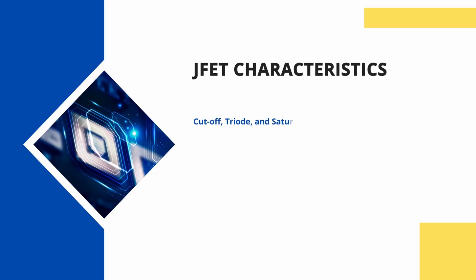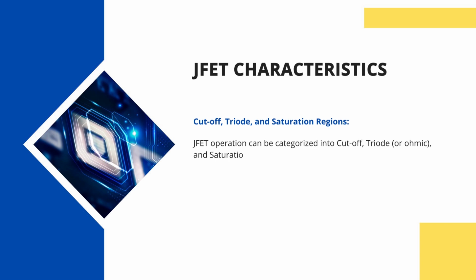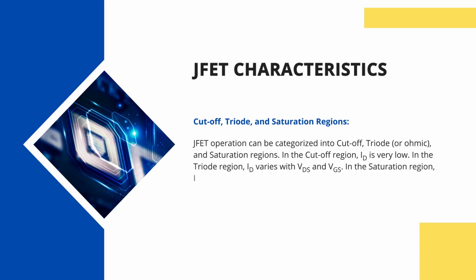JFET operation can be categorized into cutoff, triode (also known as the ohmic region), and saturation region. In the cutoff region, drain current is very low. In the triode region, drain current varies with drain voltage and the gate source voltage.